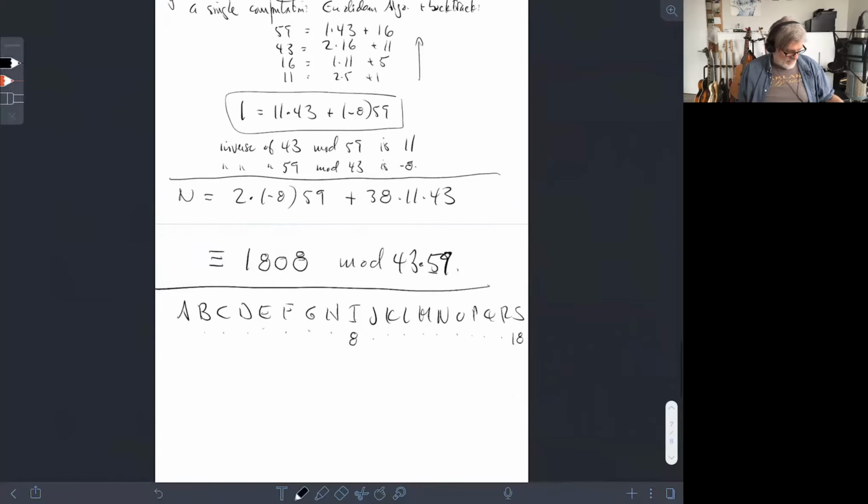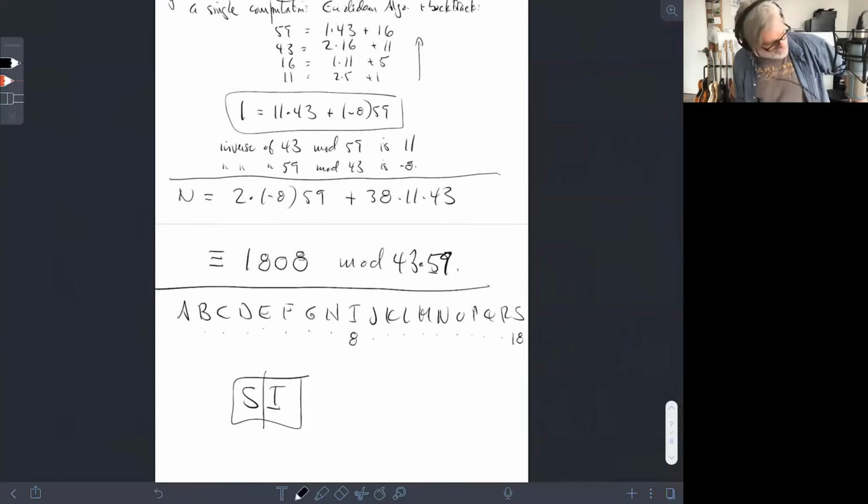So this is S, I. These are the first 2 letters. And it's the same thing for the 2 other blocks. So I'll leave those to you to have fun with.